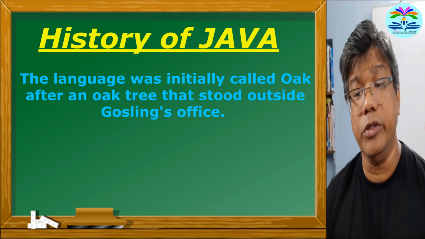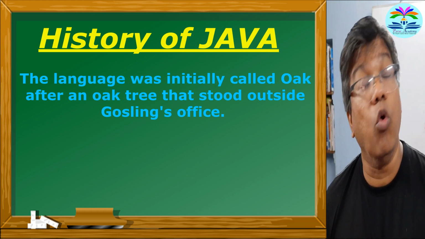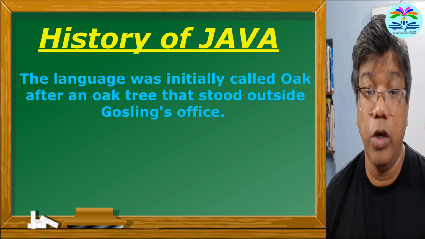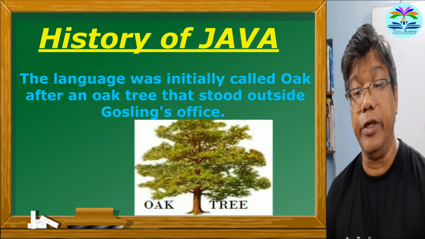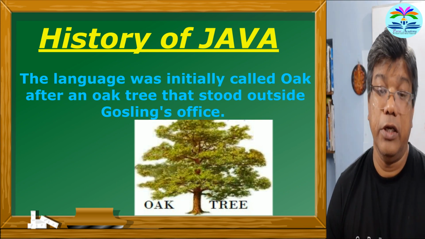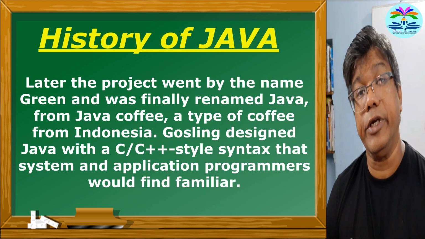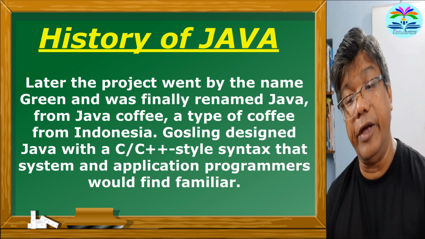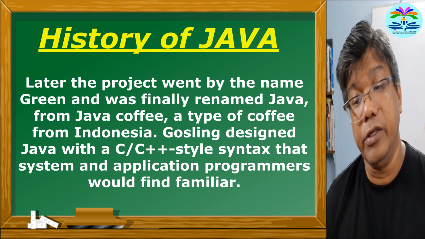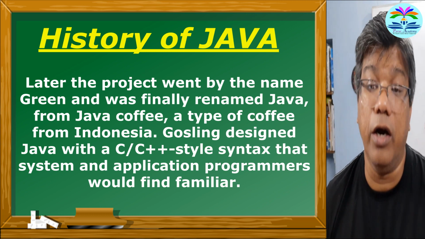The language was initially called Oak, after an oak tree that stood outside Gosling's office. Later, the project went by the name Green and was finally renamed Java.